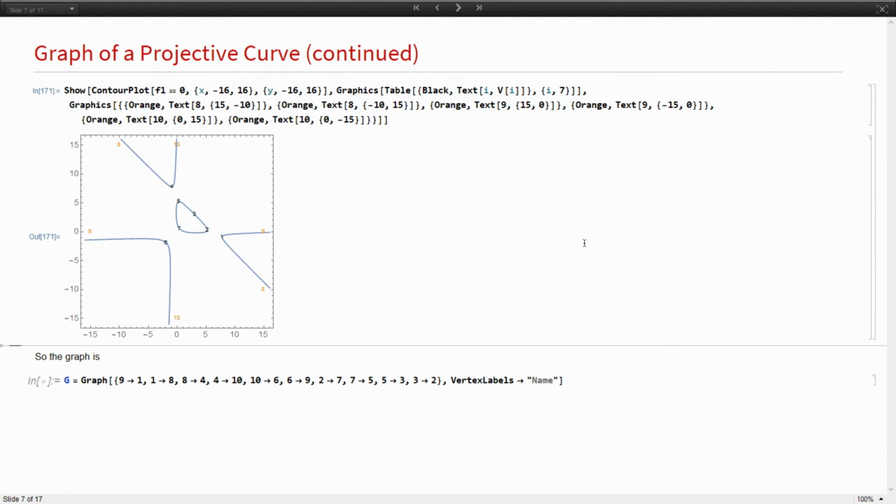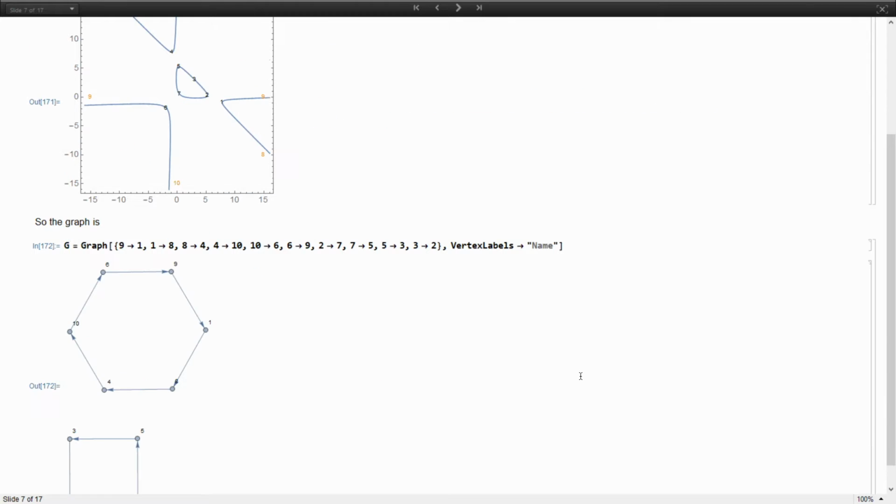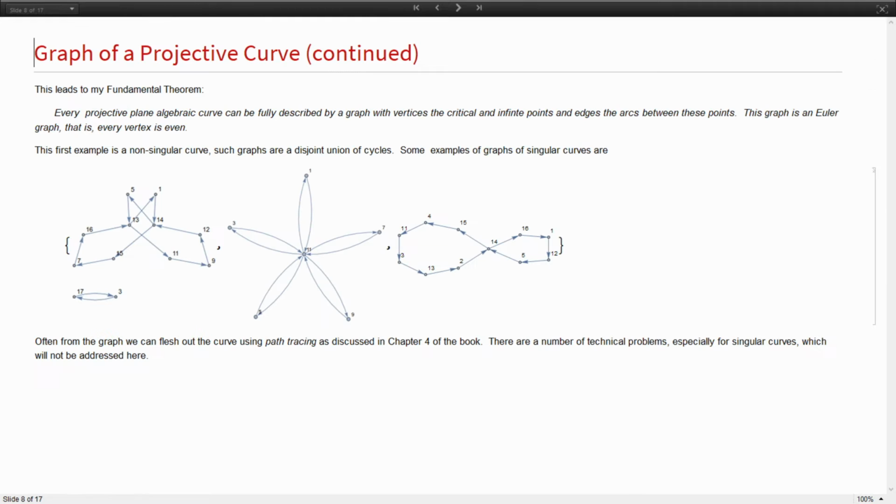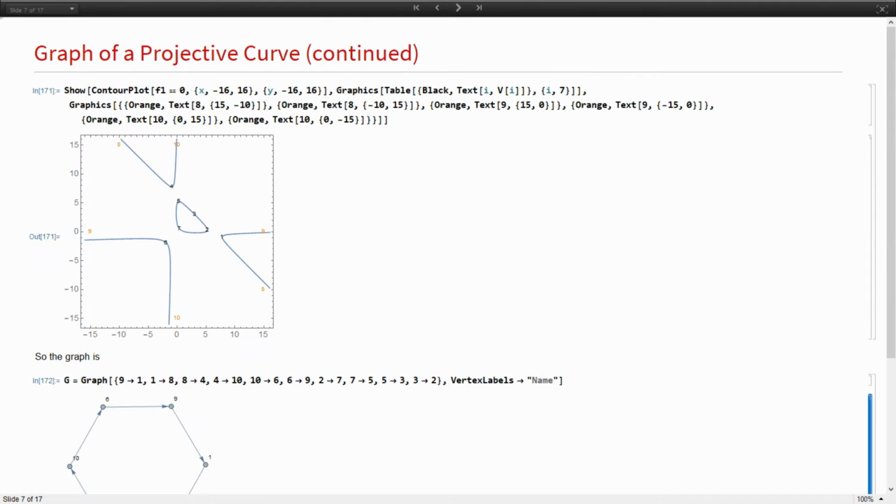Okay, so my first representation is a graph in the sense of a graph in Mathematica.